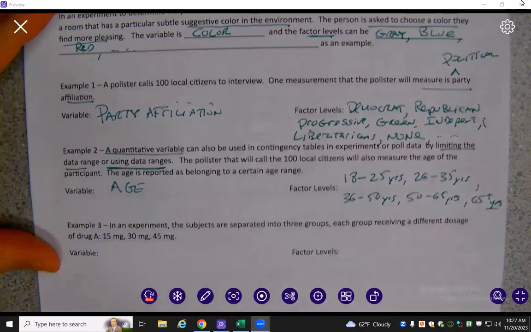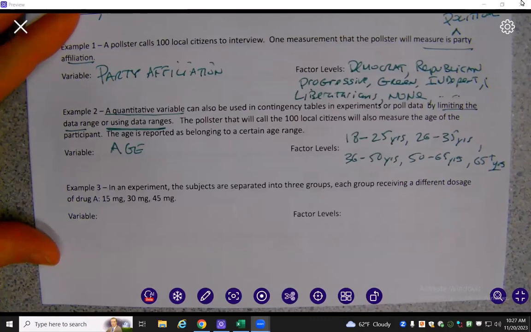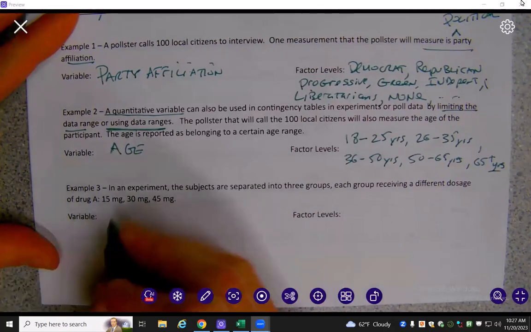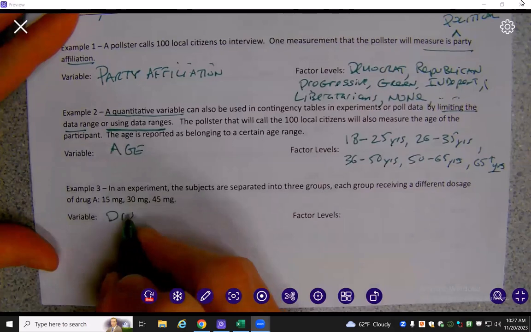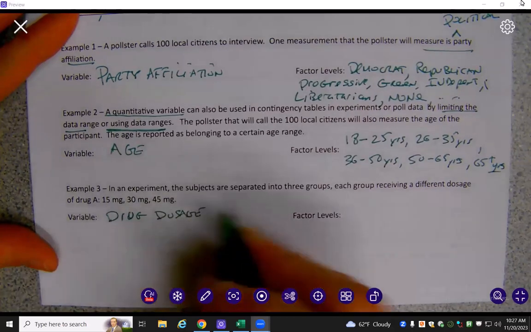All right. One more here. In an experiment, the subjects are separated into 3 groups, each group receiving a different dosage of drug, 15, 30, and 45. So what's the variable? That's it. Drug dosage is my variable. And what are the factor levels?